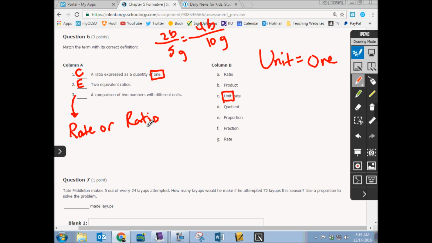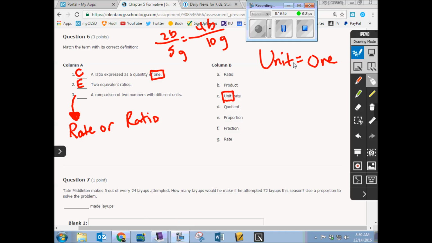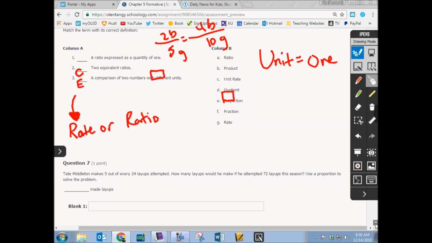I'm going to accept either one because, yeah, it was rate. That is what a rate is. Those will be on the summative, so you should be prepared for them. Nobody should miss them on the summative.